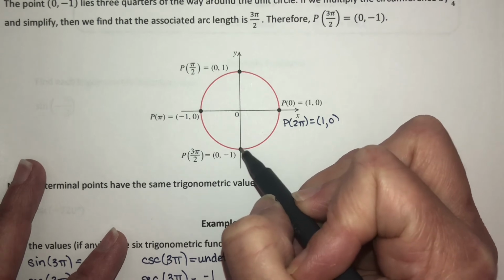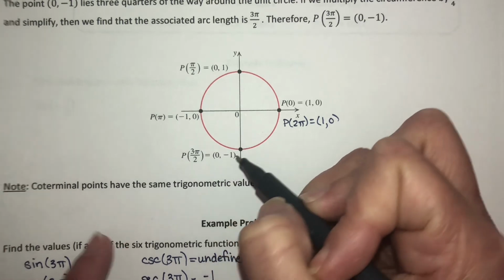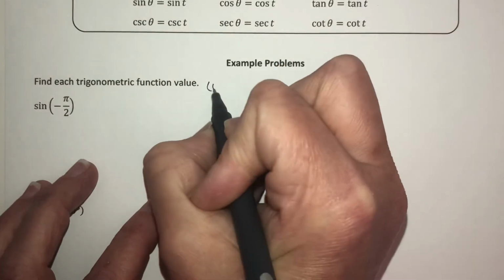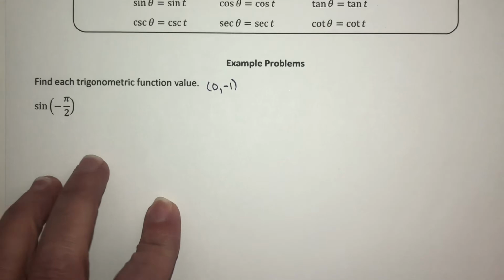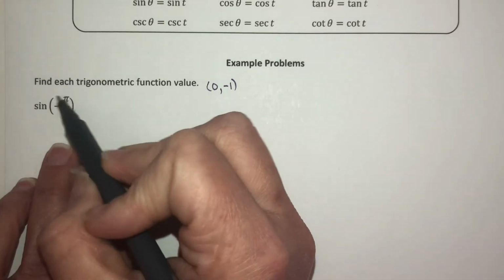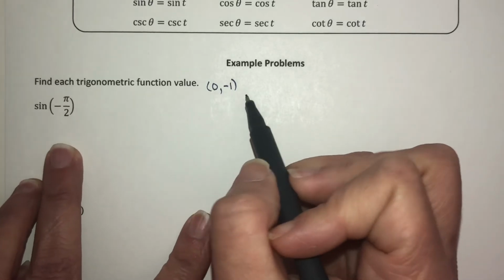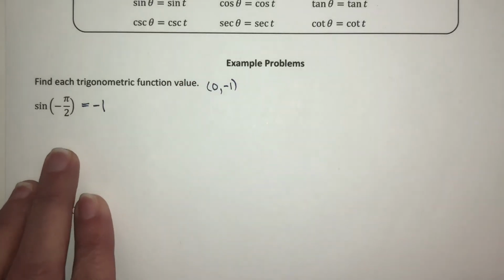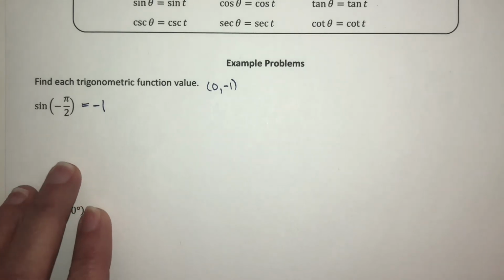So this will be the terminal point I am interested in, which is 0, -1. So 0, -1 is my corresponding x, y value. Sine is your y value, so this equals -1, exactly.